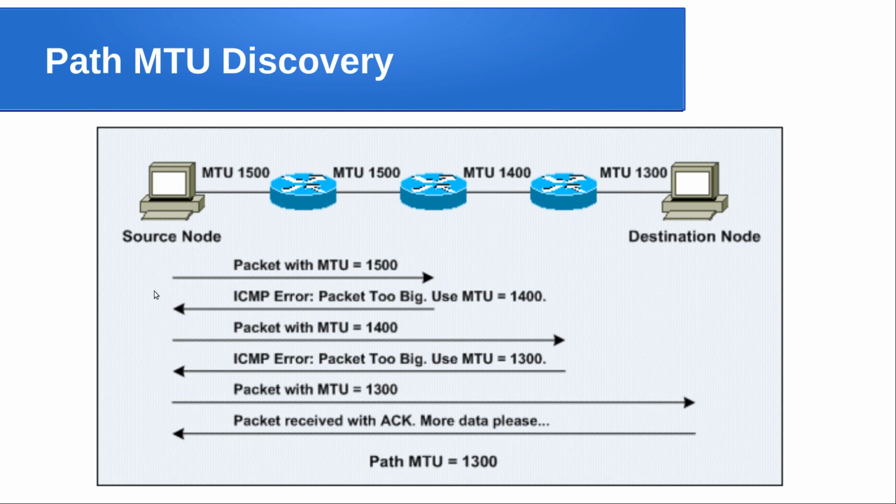So now the source understands that on the way there is a certain link of size 1400. If I send a packet of size greater than this, it will get stuck on the way, right? So immediately it will send another packet with the size 1400. That will go smoothly through this link, this link, this link. Now at this point again the MTU is 1300.